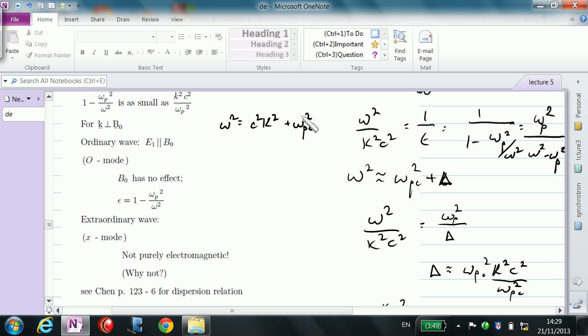Otherwise, let's see what happens if I divide by c squared k squared. I want to make sure this is right.